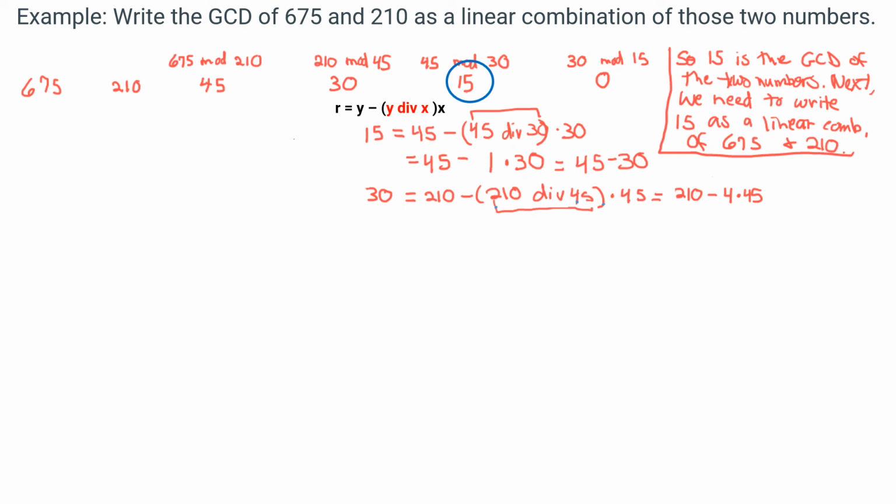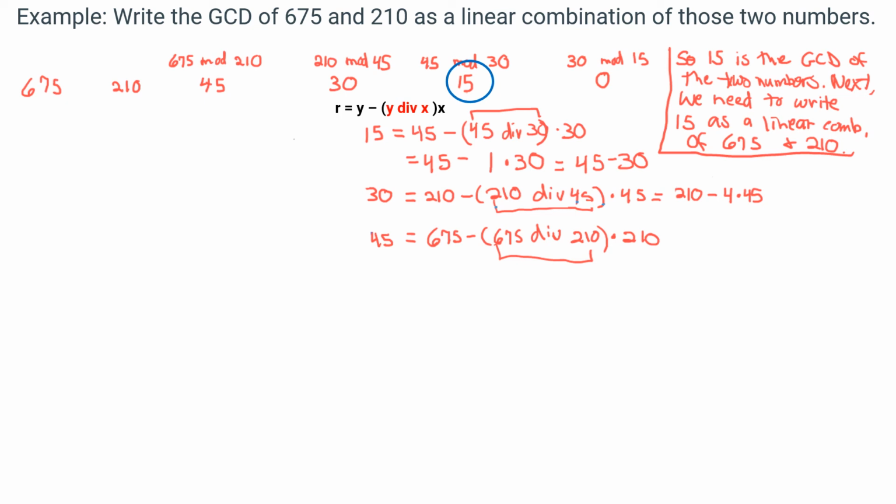And notice what we've done is written 30 as a linear combination of the previous two numbers, 210 and 45. Now we're going to go one more and look at the 45. And 45 has two previous numbers, so we'll go ahead and write an equation out for that, treating 45 as the R. So we'll write 45 equals 675 minus 675 div 210 times 210.